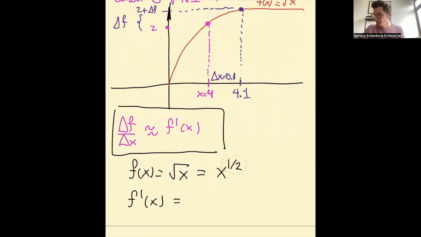The power rule said you bring the exponent down to the front, and then you decrease the exponent by 1, so you put 1/2 minus 1. So this is 1/2 times x to the negative 1/2, which is the same as 1/2 root of x.